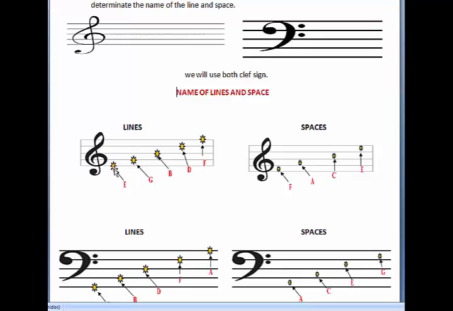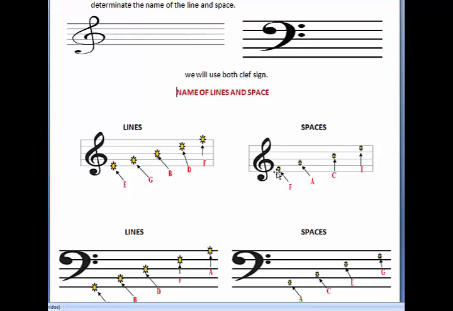Now, the first line. We are on the lines first, then we'll take the spaces. The first line is E. The second line is G. The third line is B. The fourth line is D. The fifth line is F. Now let's go for the spaces.